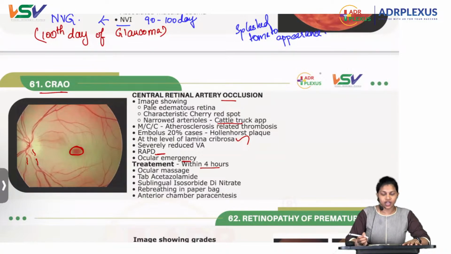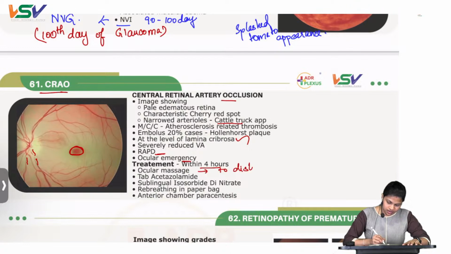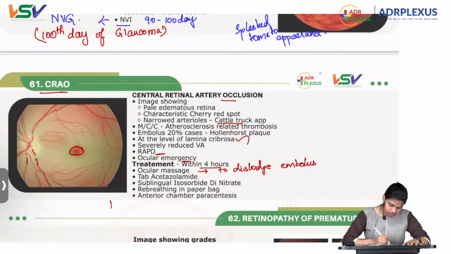And how do you treat it? You do an ocular massage to dislodge the embolus and reduce the IOP. Okay, ocular massage. And to reduce the IOP, you are going to give tablet acetazolamide and an anterior chamber paracentesis. Okay, so both will reduce the IOP. And rebreathing in a paper bag, what does it do?